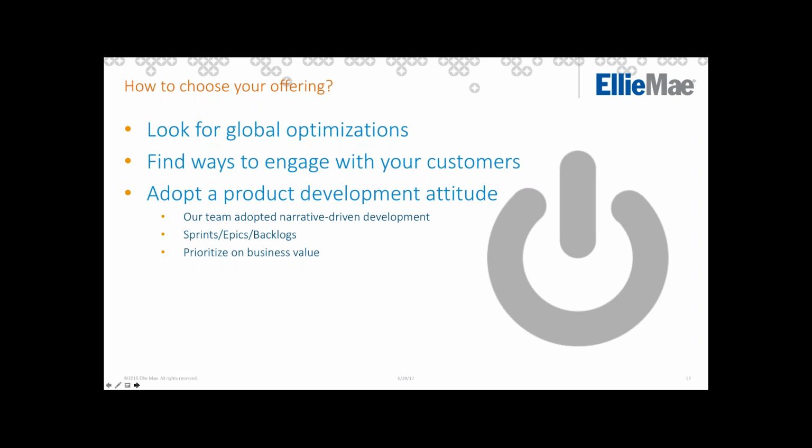And of course, working in an agile Scrum, I imagine everybody is using an agile Scrum sort of methodology, and we ourselves are not using the dry requirements document. We do narrative-driven development, where we do a press release, very similar to the Amazon way of doing it. I don't know what that is because I've never worked at Amazon, but after talking to people from there, I'm pretty sure we're aligned.